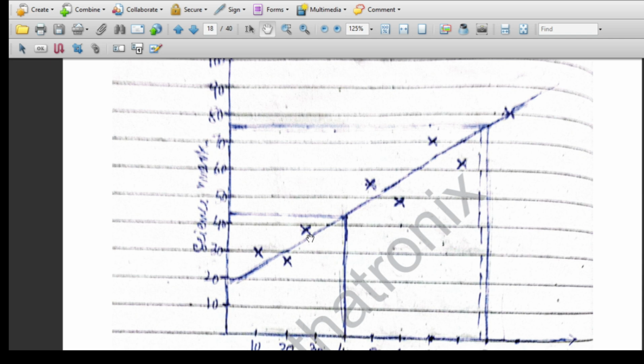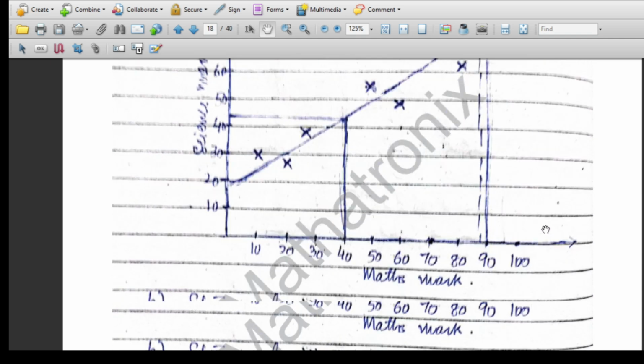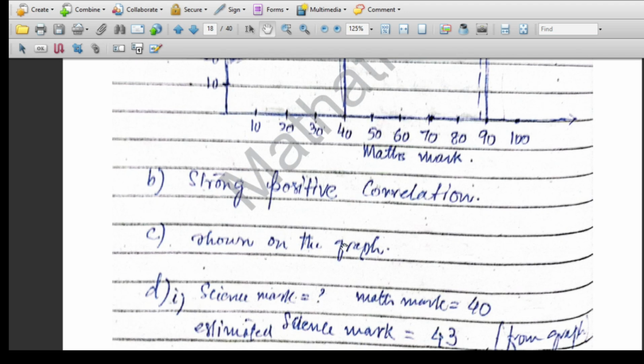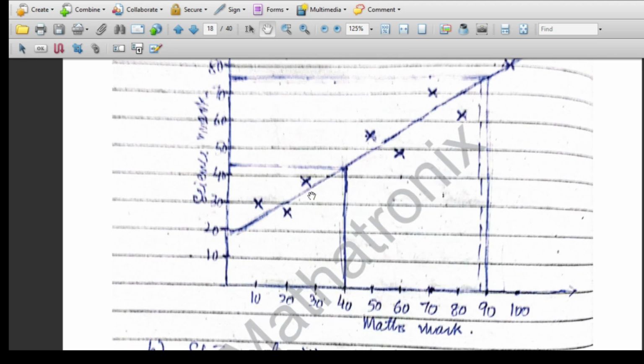With these data points we have plotted a straight line to show the best fit, and we can see on the graph that this is a strong relationship because the points are close. The marks in one subject are increasing and the marks in the other subject are also increasing.